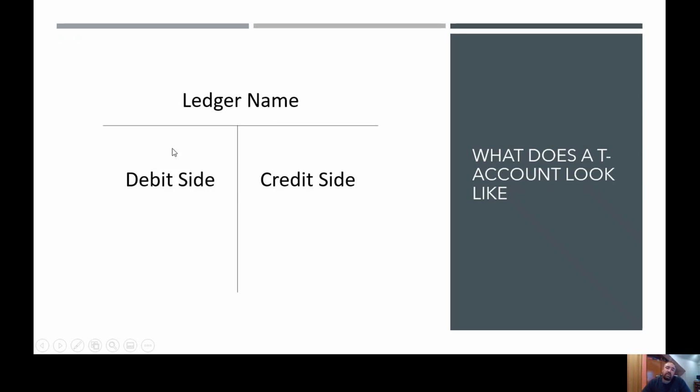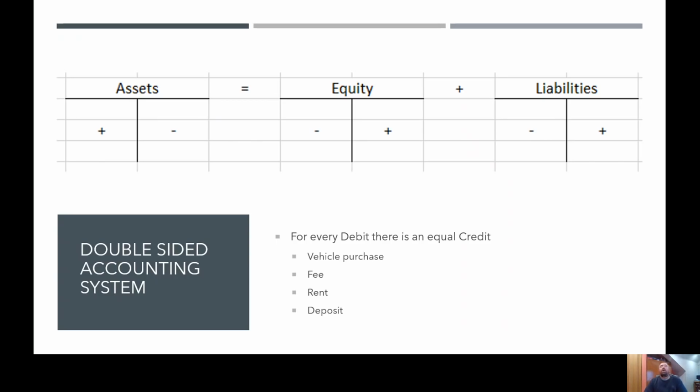Okay, then the debit side, so the left-hand side, is called the debit side. So from now on, when something's on the left, I'm going to refer to that as the debit side. And other transactions will be on the credit side. So that is the right-hand side of a T account. Okay, so now we've taken that equation where we say assets equals equity plus liabilities.